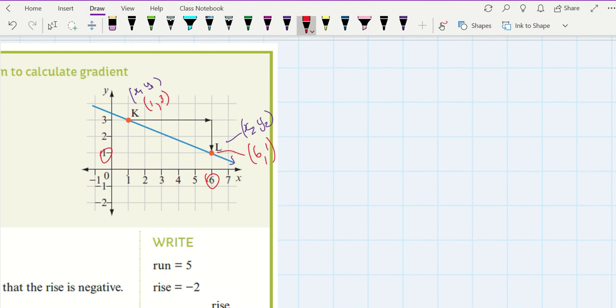Now we just substitute into our formula. So m equals rise over run, which equals y2 take y1 over x2 take x1. And now this is where we substitute in.